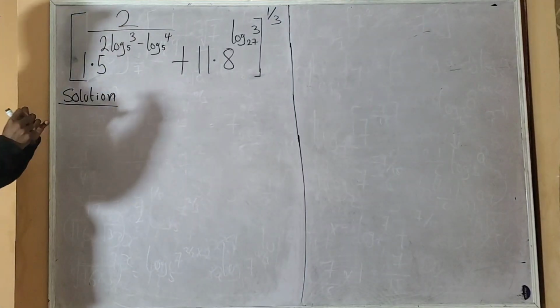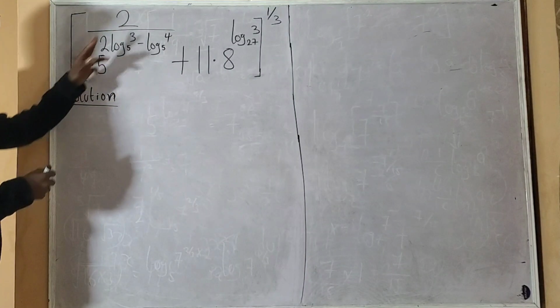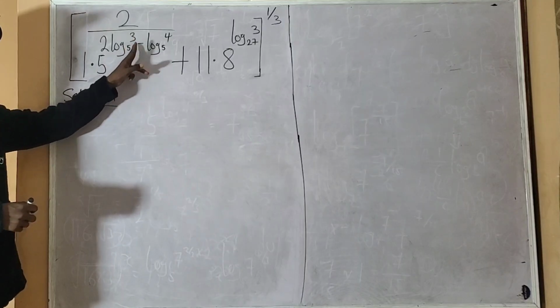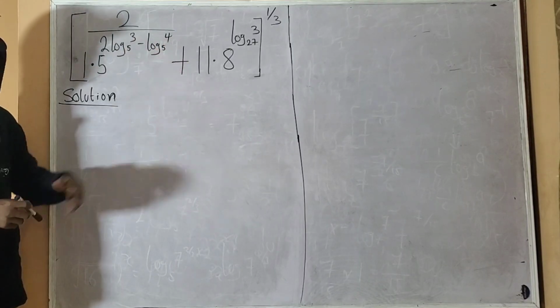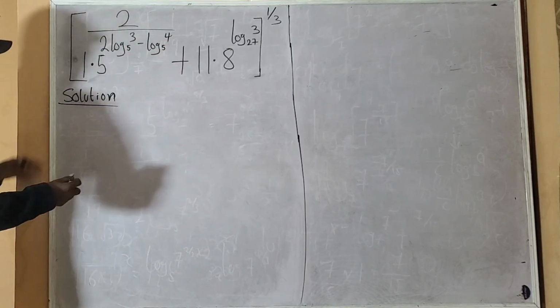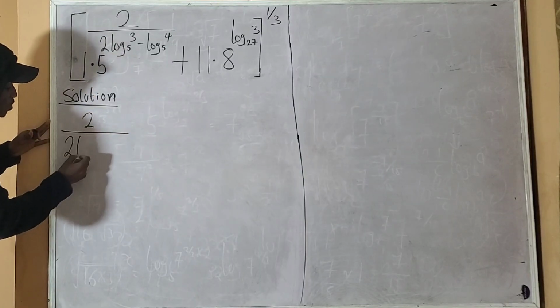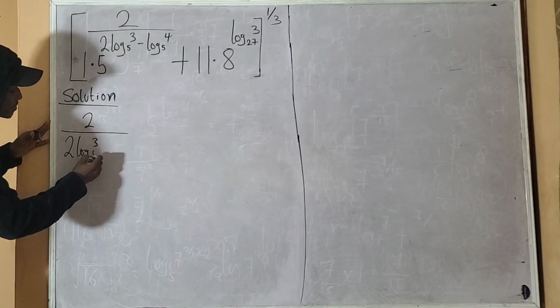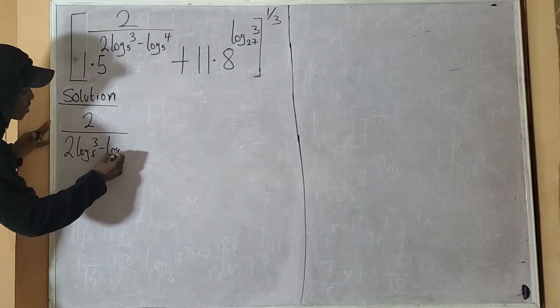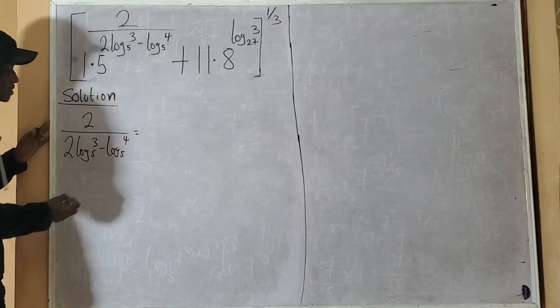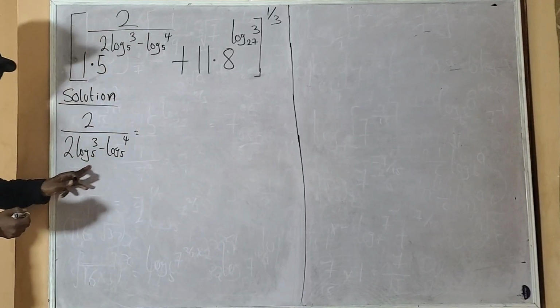Let's start by simplifying 2 divided by 2 log_5 3 minus log_5 4.